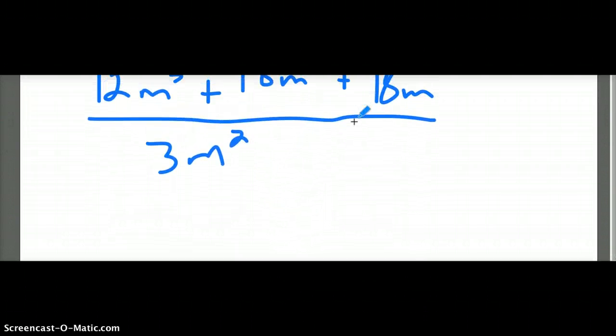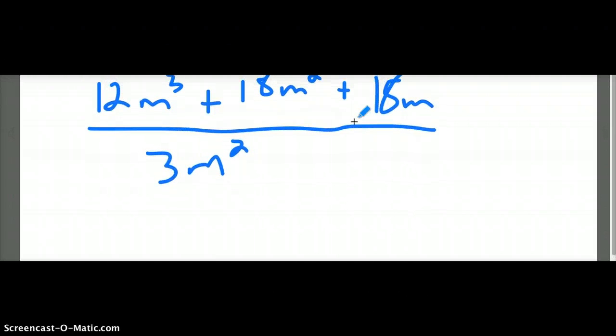So the first thing we're going to do is divide the first number, then the second one, and then the third one. So 12 divided by 3 gives us 4, and then m cubed divided by m squared.